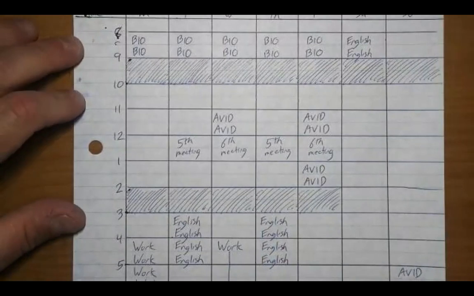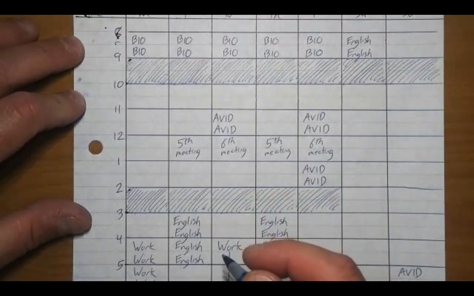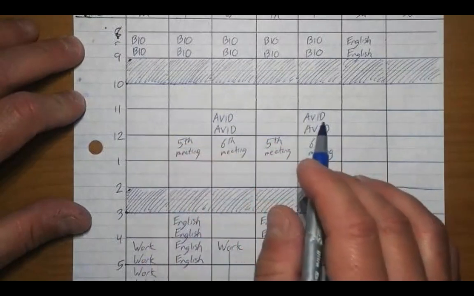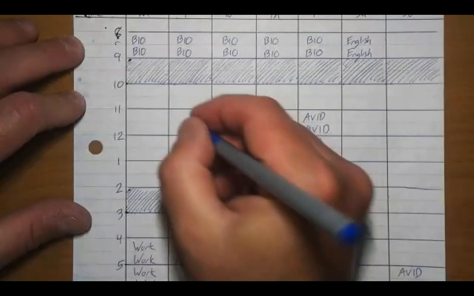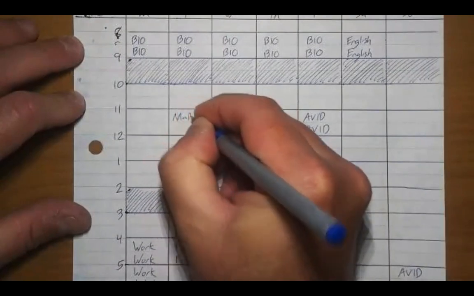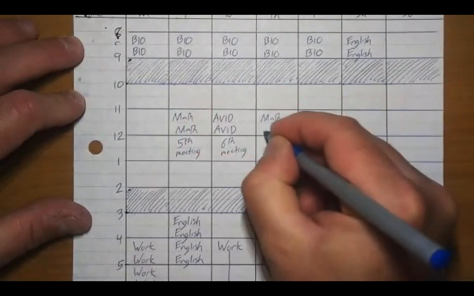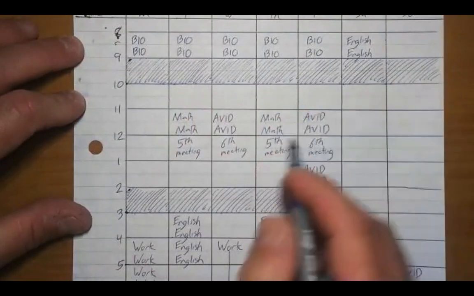Let's see. I got math. I got AVID there, I got bio there. I'll do an hour of math here. And maybe you don't want to do an hour of math. Maybe you want to just break it in a half hour.